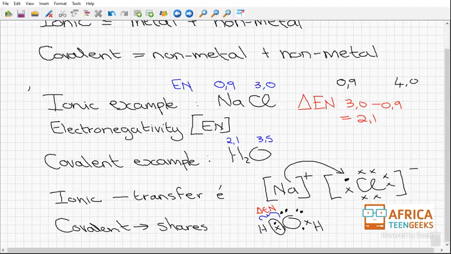So for electronegativity of water, I'm going to go 3.5 minus 2.1, which is 1.4. Can you see here? Ionic, close to 4. Covalent, closer to 0.9. Okay. So that is how we use electronegativity.